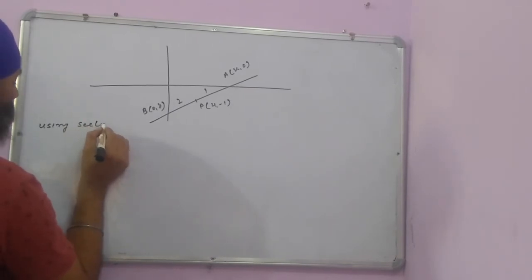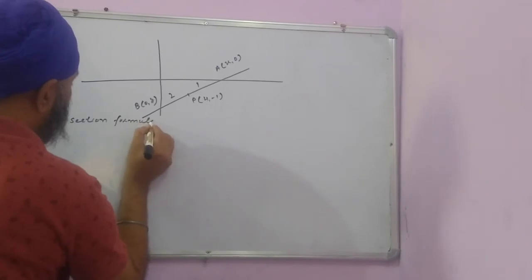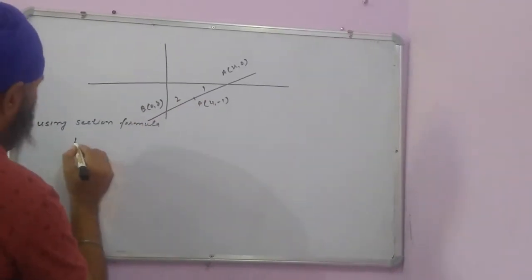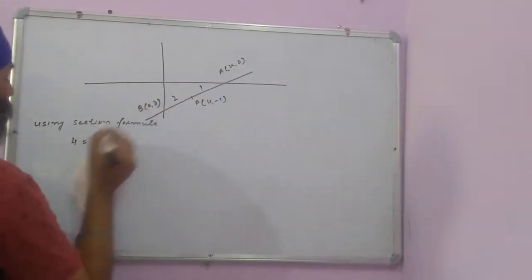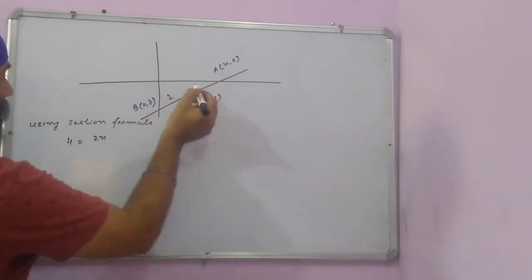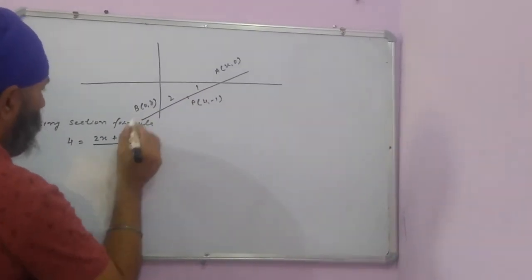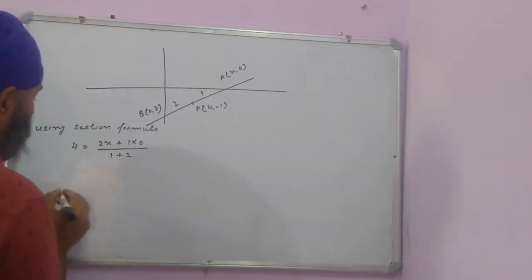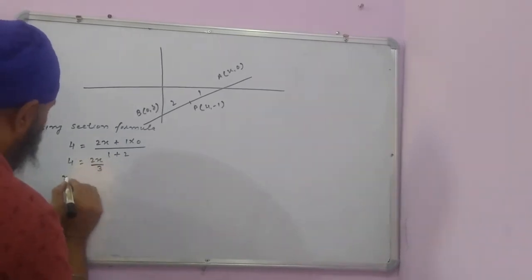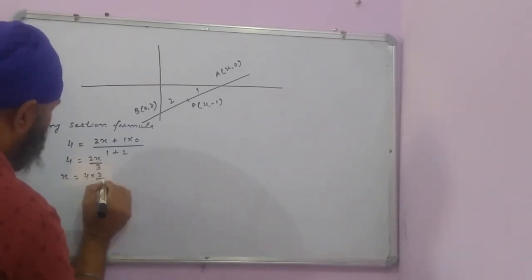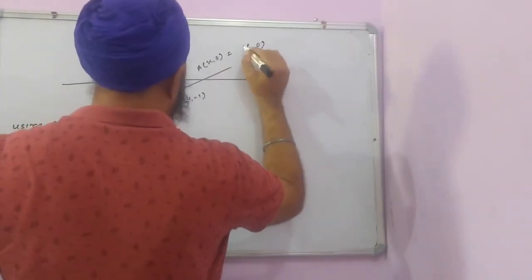Using section formula, 4 is equal to (m1 x2 plus m2 x1) upon (m1 plus m2), that is 1 into 0 plus 2x upon 3. 4 is equal to 2x upon 3. x is equal to 4 into 3 by 2, 6. So this point is (6, 0).